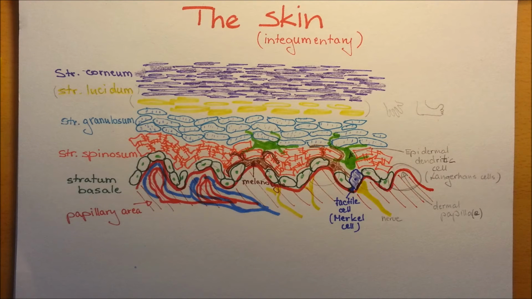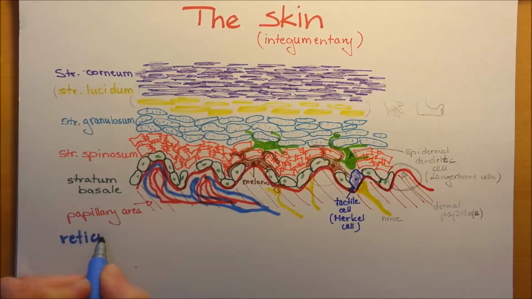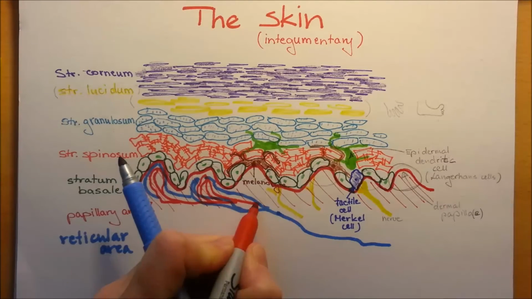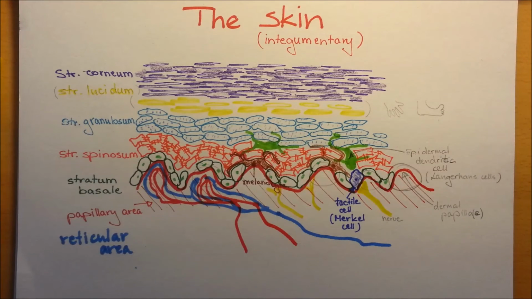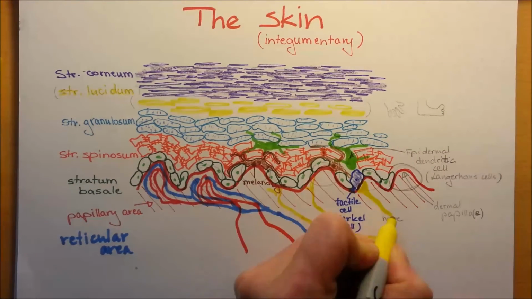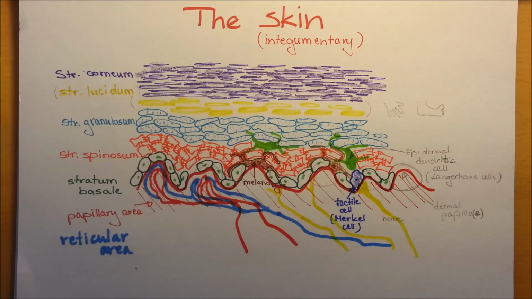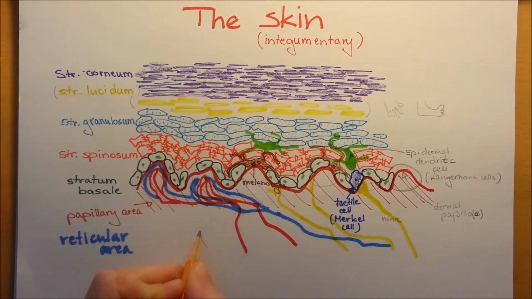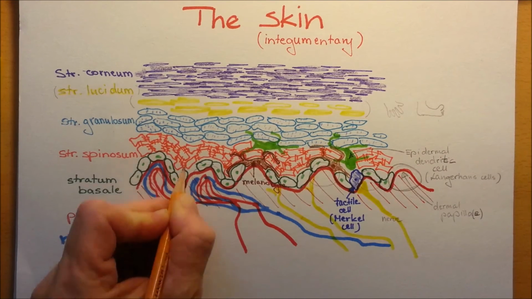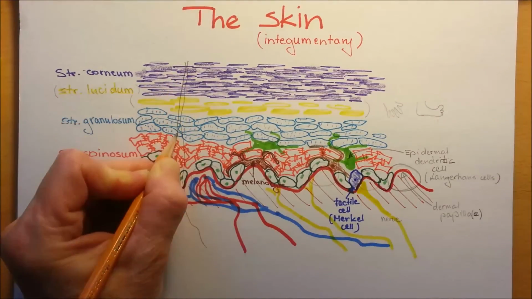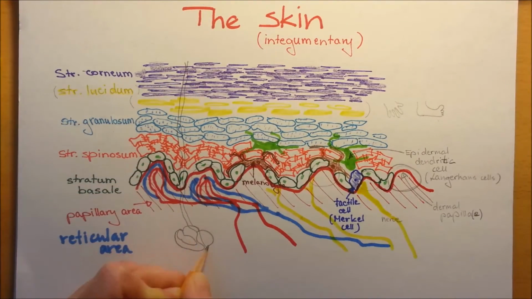They are very strong in the hands and on the foot. The reticular area is below. This is the deepest skin layer, and contains arteries, veins, and nerves, as well as a sweat gland that has an opening to the surface of the skin.